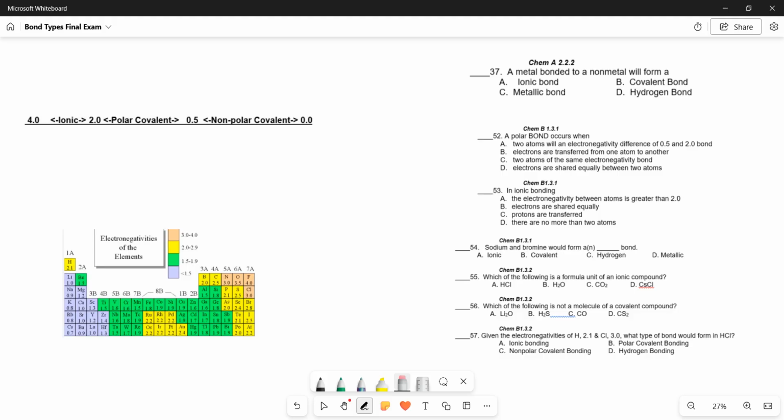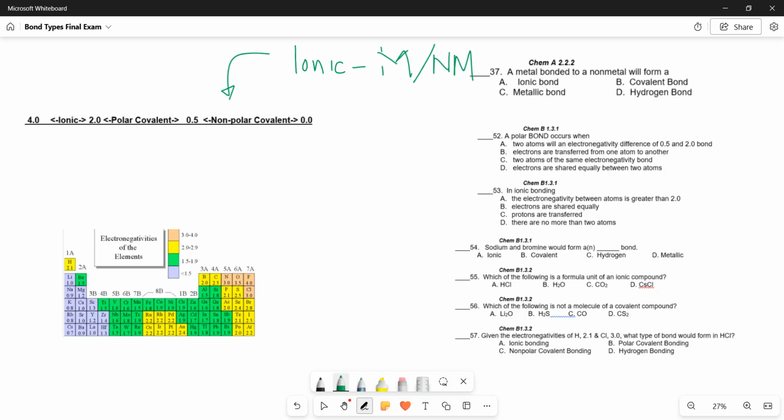So 37 says, a metal bonded to a non-metal will form what type of bond? So yes, we can objectively calculate using electronegativity differences, but I also tell my students that ionic bonds form between metals and nonmetals.